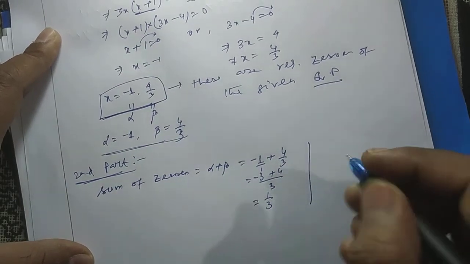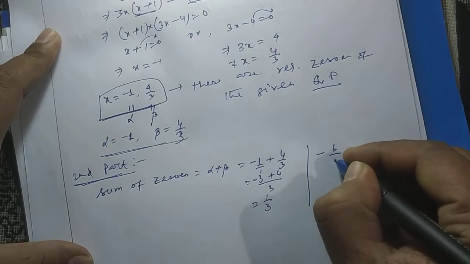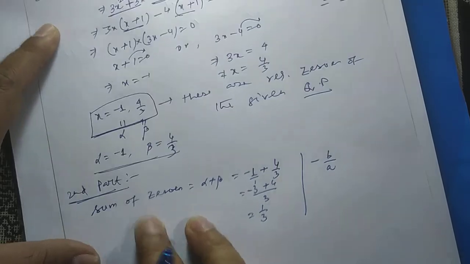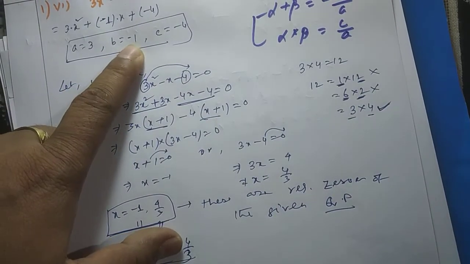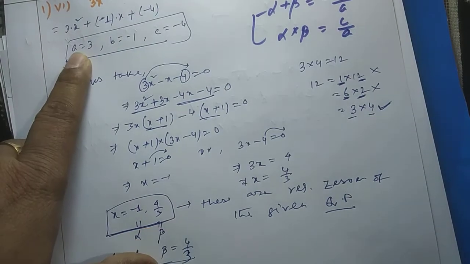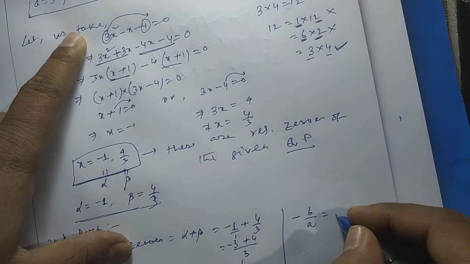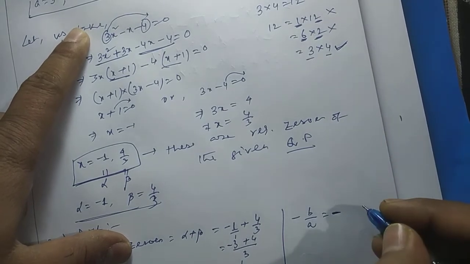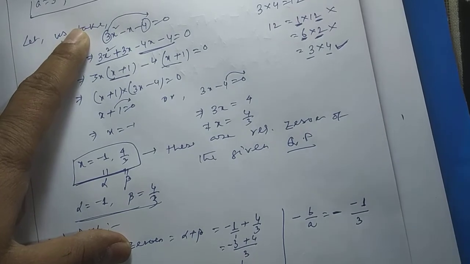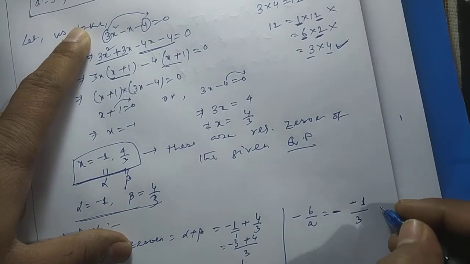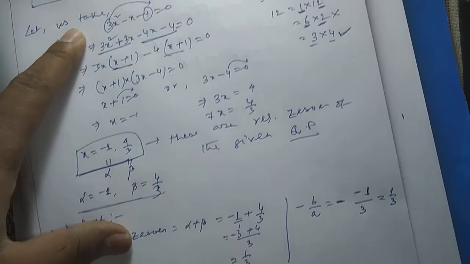At the same time, find out minus b by a. Now look at the previous step. What was the value of b here? Minus 1. And a was 3. So keep minus as it is. B was minus 1 and a was 3. Minus minus plus, it will become 1 by 3. Correct?